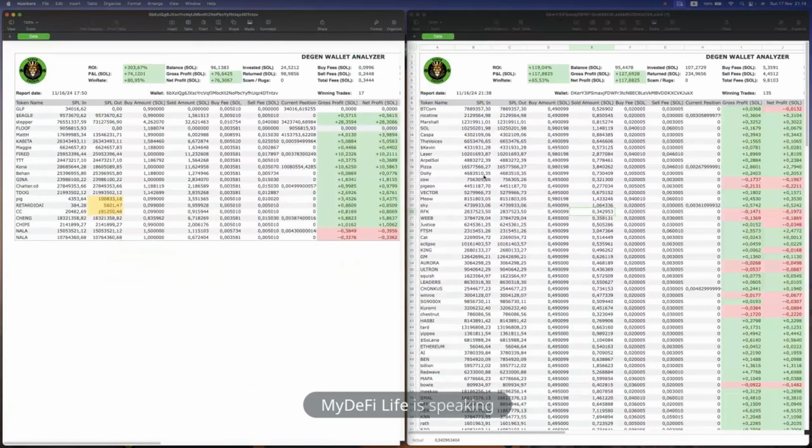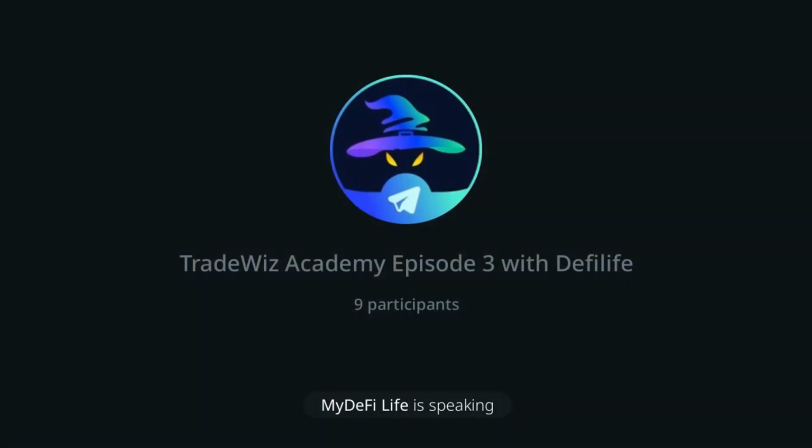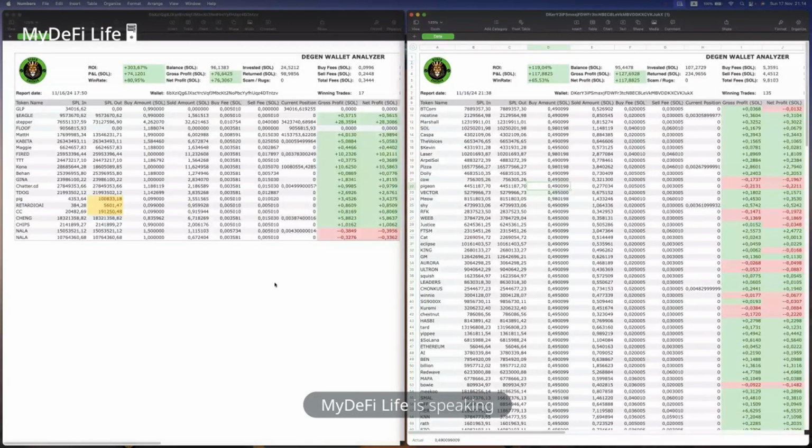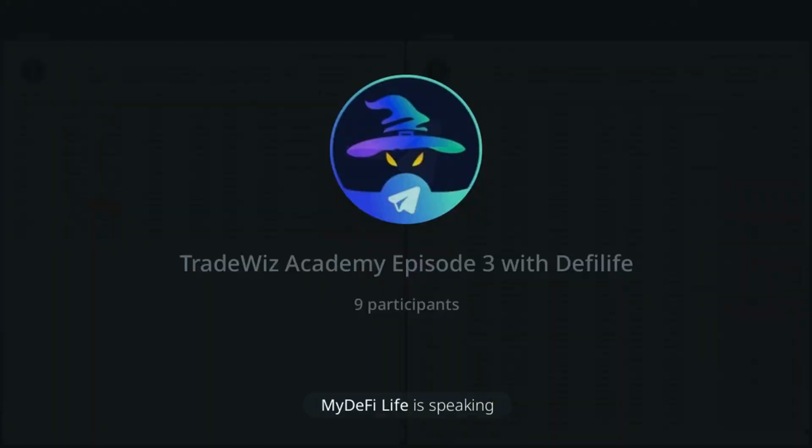And here are two wallets that I've picked up from a particular batch scan or a scan that I did or search that I did on the Wallet Vault. Did about the same kind of number of results, 50 odd results. And here are two wallets that I'm going to give you an example of what I'm looking for when it comes to copy trading specific wallets.